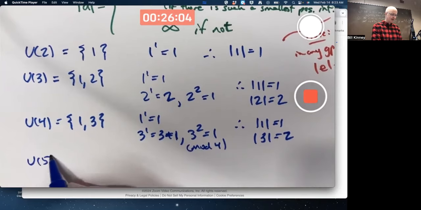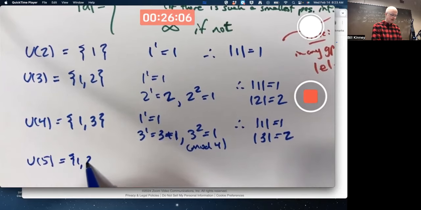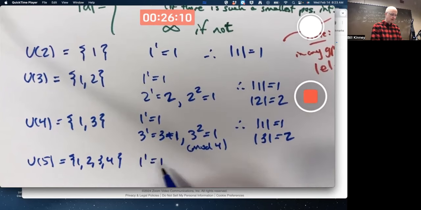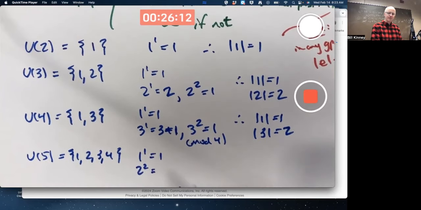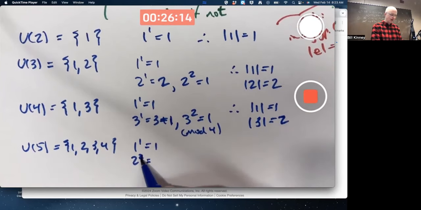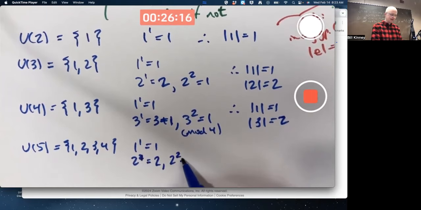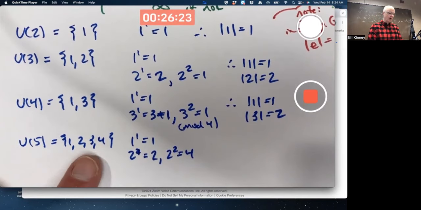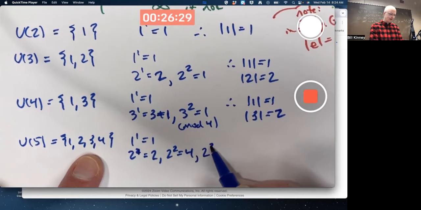U of 5. Elements are 1, 2, 3, 4. Yes, order of 1 is 1. Order of 2 is not 1. It's not 2. 2 squared is 4. Mod 5 is still 4, which is not 1. 2 cubed is 8. 8 mod 5 is 3.